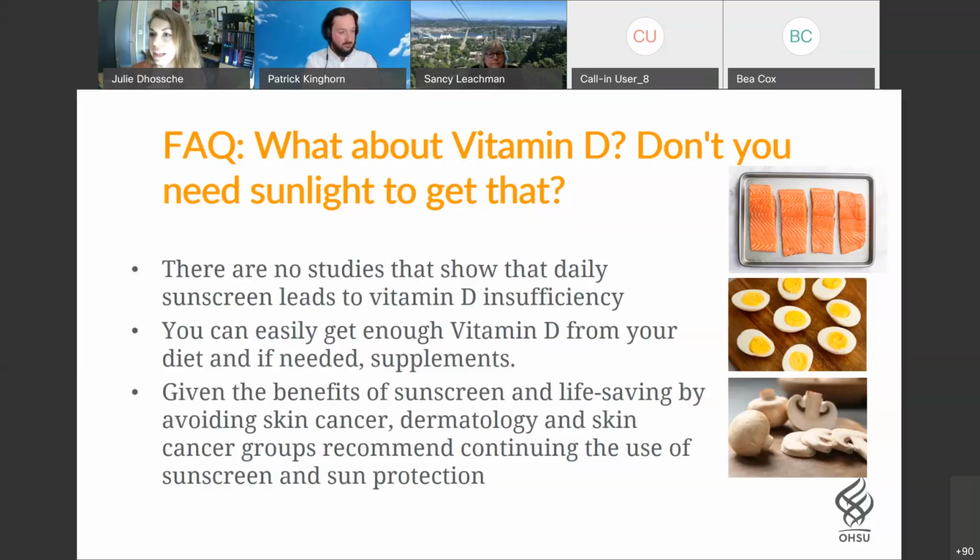I've included pictures of 3 common foods that contain a lot of vitamin D: salmon, eggs, especially the yolk, and mushrooms, which surprisingly also have a lot of vitamin D. Given the benefits of sunscreen and photoprotection and the life-saving effect of avoiding skin cancer, we continue to recommend using sunscreen and sun protection.